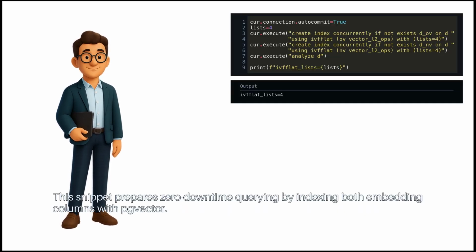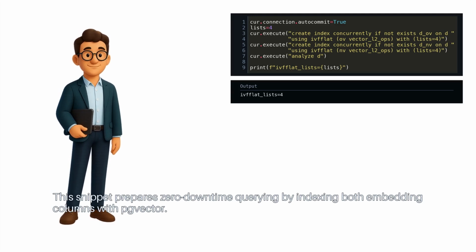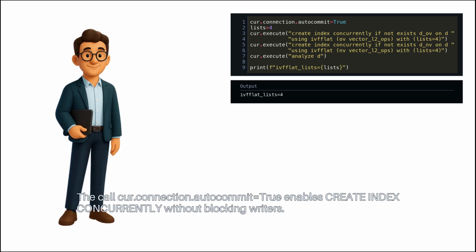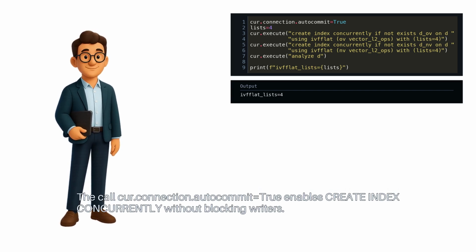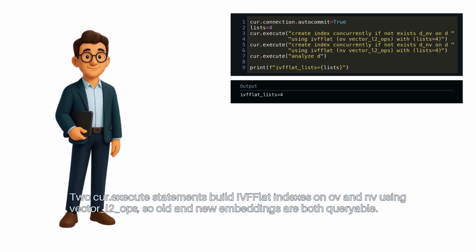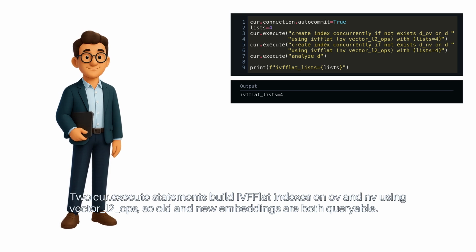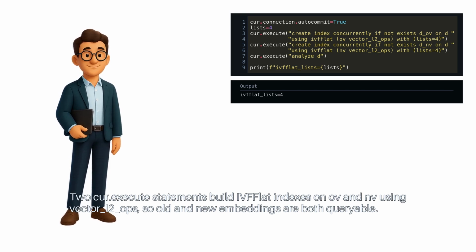This snippet prepares zero downtime querying by indexing both embedding columns with pgvector. The call cur.connection.autocommit equals true enables create index concurrently without blocking writers. Two cur execute statements build IVFFlat indexes on OV and NV using vector L2 ops, so old and new embeddings are both queryable.